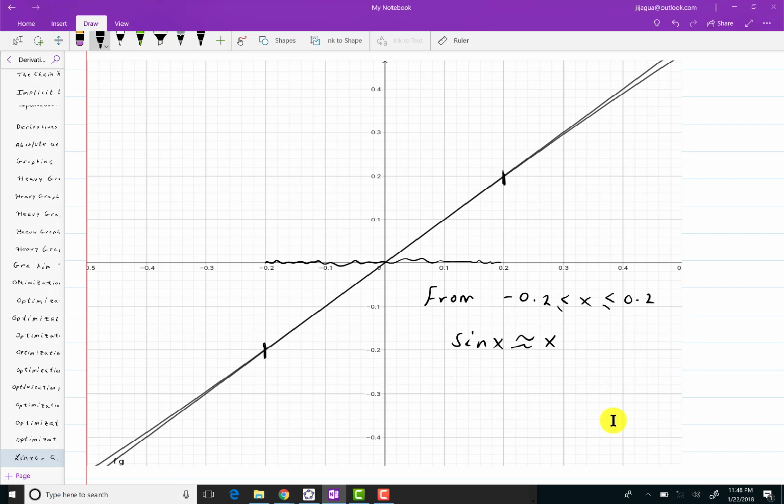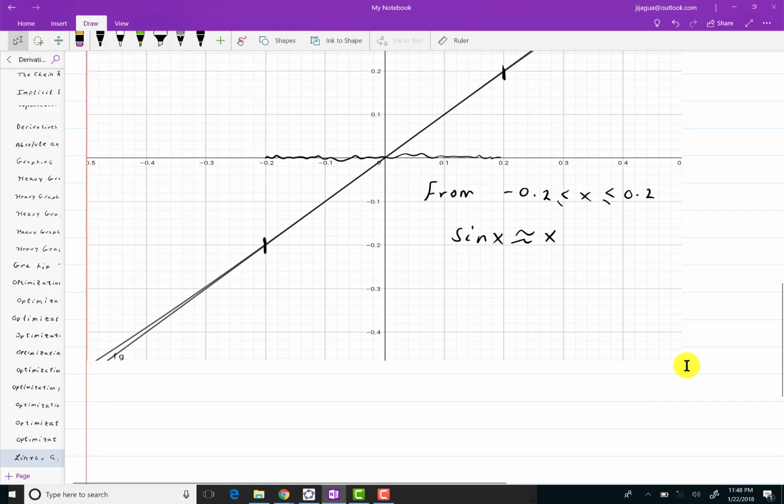So with this in mind, let's pick some numbers that are small in this region and see how close of an approximation it is. For example, suppose I want to do sine of 0.1. Well, that's approximately 0.1.